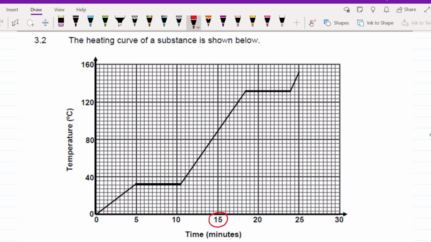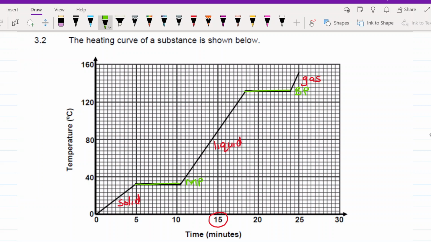Okay, let's look at this first. We know here is the solid phase. Here is the liquid state. Here is the gas state. And we know that this is our melting point, and this is our boiling point.